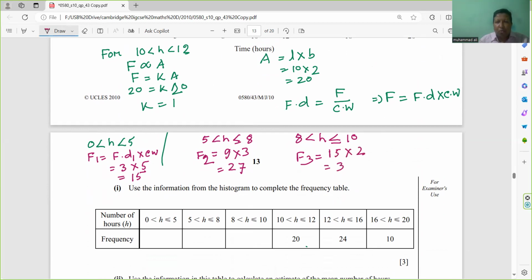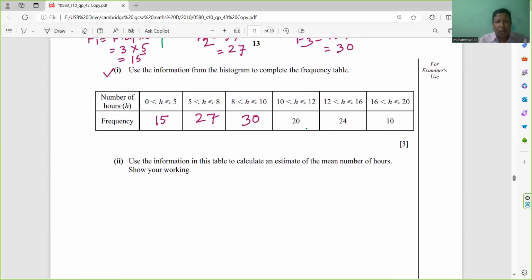So here frequency equals 30. So we get the 0 to 5 frequency 15 here, the 5 to 8 frequency 27 here, and the 8 to 10 frequency is 30 here. So our number 1 is already completed.